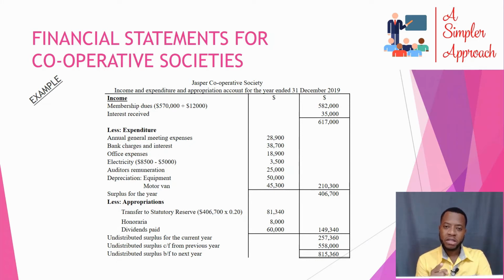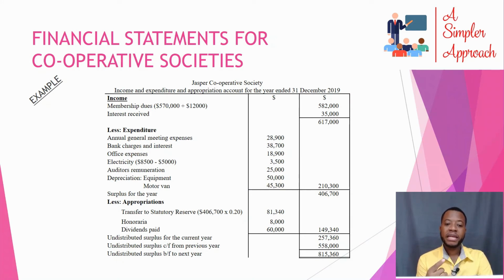The 12,000 represents dues that are owed. If you're wondering if we have to put accruals and prepayments in this too, the answer is yes. I'm terribly sorry, but the answer is yes. Accruals and prepayments exist in this. So that 12,000 that you're looking at in membership dues was owed, and that was note number 1, if my memory serves me well.